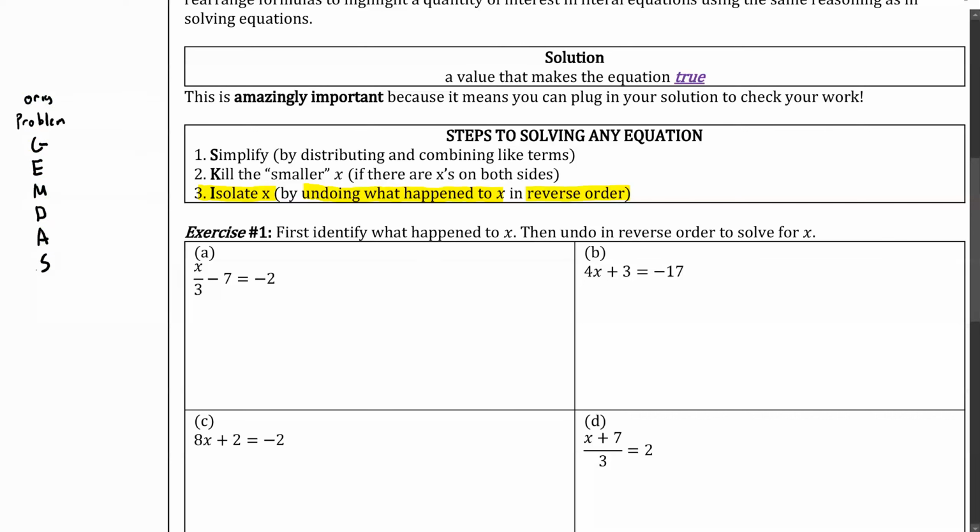So it will follow GEMDAS in terms of what the problem applies to x. So what we like to do is undo GEMDAS. But when we're going to undo GEMDAS, not only do we need to use the opposite operation, we also need to do it in the opposite order. And if that doesn't make sense, we'll do some problems so you can see what I mean.